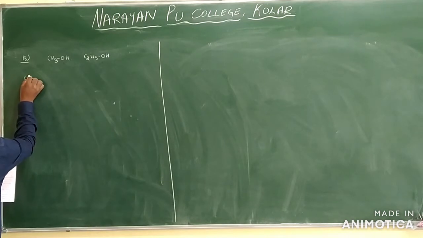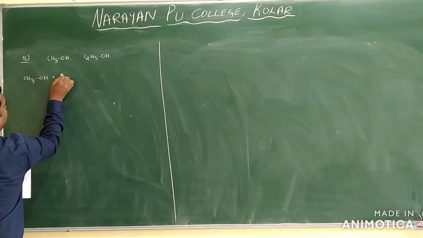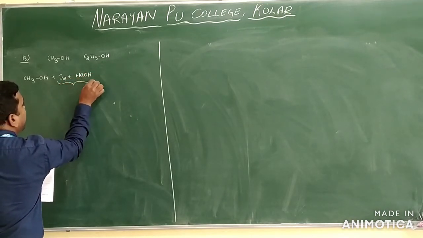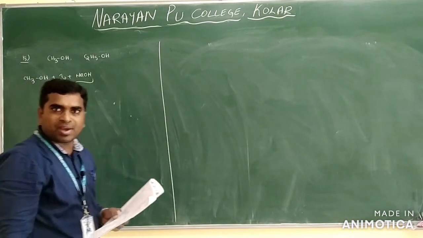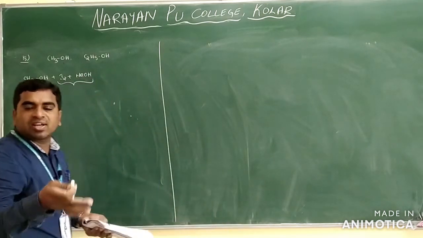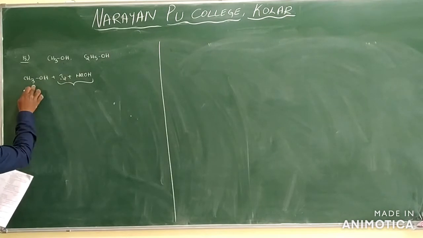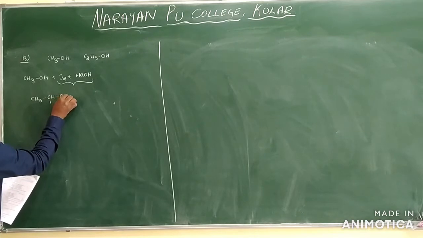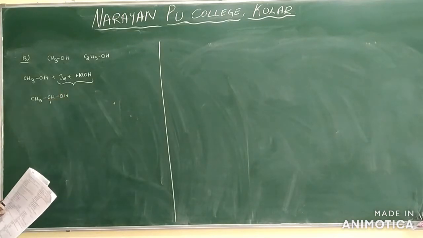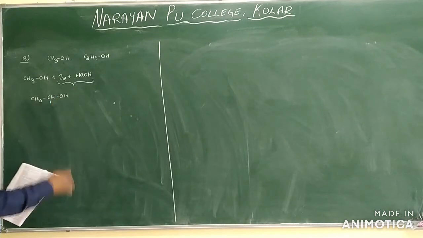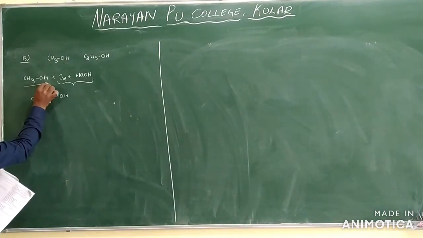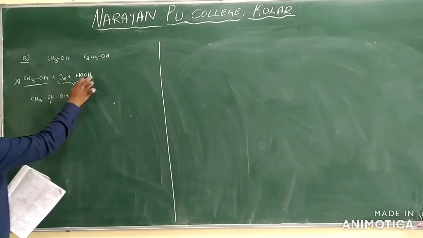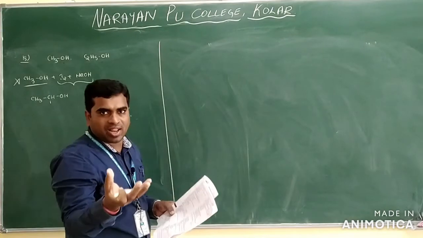Next one, heating with iodine and alkali. Iodine plus alkali, NaOH. Have you remembered this reaction? Iodine and NaOH, iodoform test, iodoform reaction. So for an alcohol to give the iodoform reaction, what is the condition? The alcohol should have the CH3CHOH group. Now methanol, CH3OH, does not have it. Methanol does not give the iodoform test, so you will not get the yellow color.